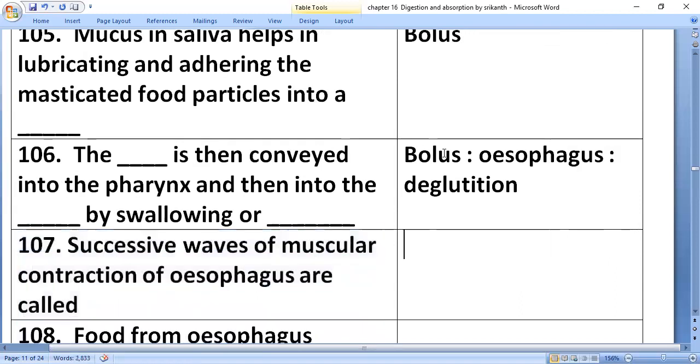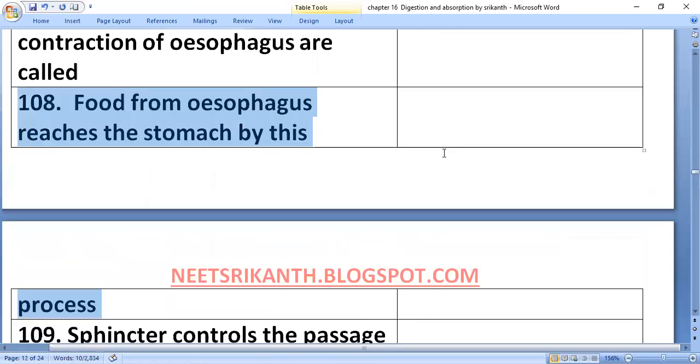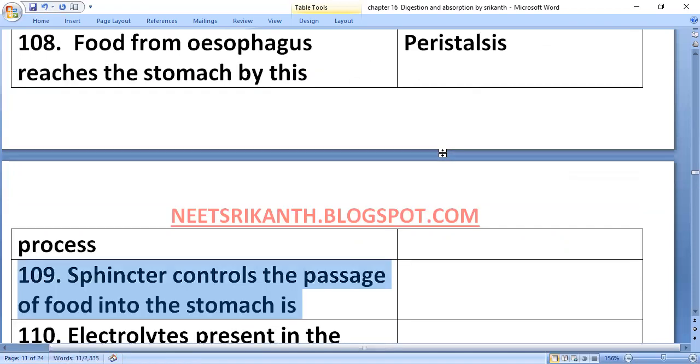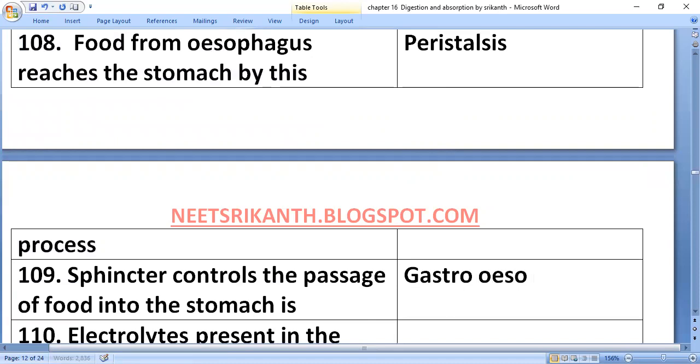Successive waves of muscular contraction of the esophagus are called peristalsis. Food from the esophagus reaches the stomach by peristalsis. The gastroesophageal sphincter controls the passage of food into the stomach.